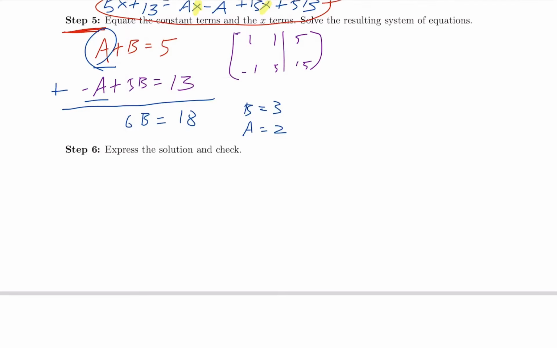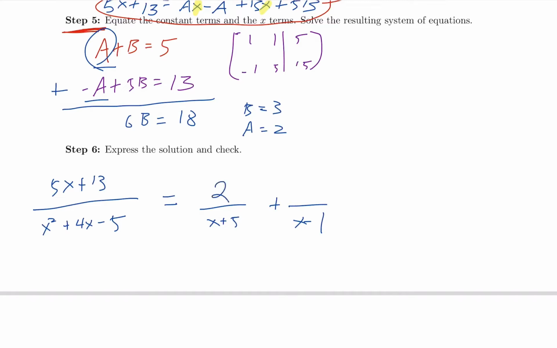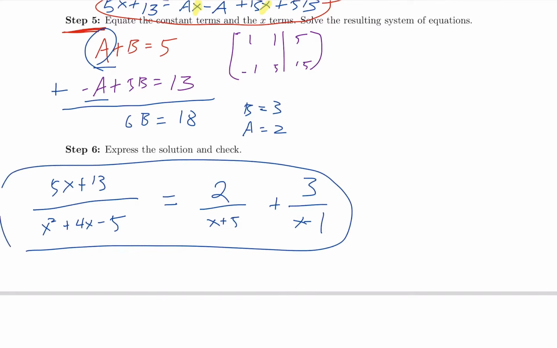What we figured out is that 5x plus 13 over x squared plus 4x minus 5 equals A over x plus 5 plus B over x minus 1, and we got A to be 2 and B was 3. So this is the solution, because we just decomposed this fraction into these two fractions.